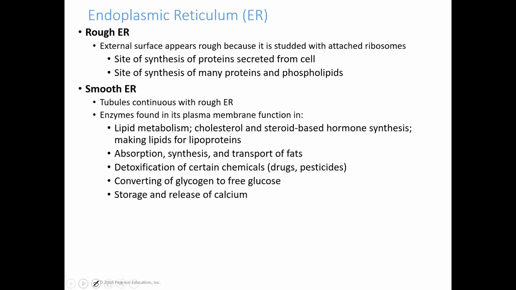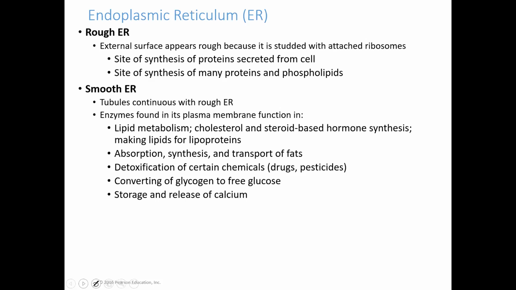So we see a breakdown of bone over time. If it's significant, we call it osteoporosis. So we store a lot of calcium. We all store calcium around our skeletal muscle cells in the smooth ER.